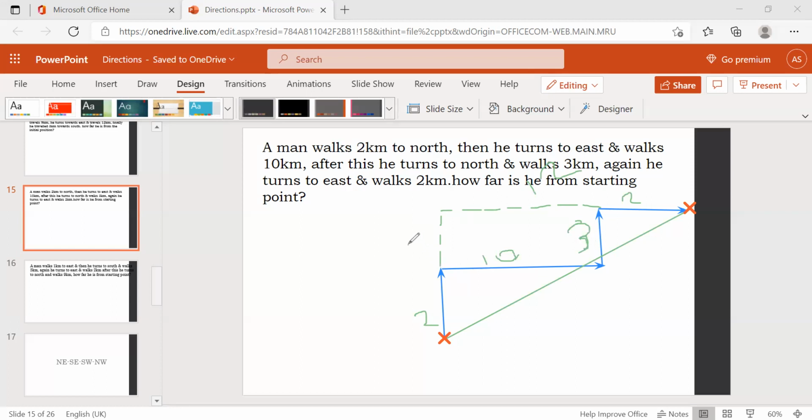Okay, this is 3. Now its total is 5 square, and this total is nothing but 12 square. Again, this is 169. This is 20.